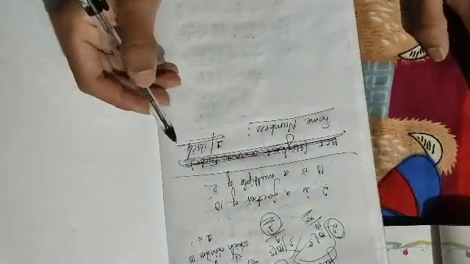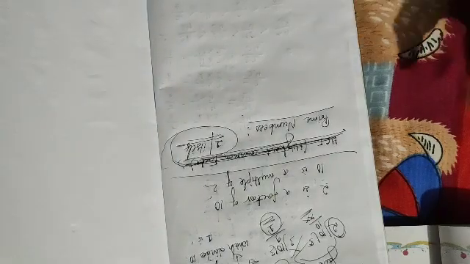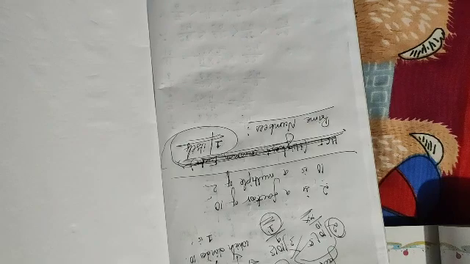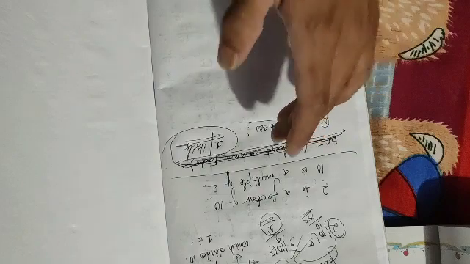So if you choose a number randomly, you can choose any number, it will have at least two factors, because 1 is a factor of any number, and it is also a factor of itself. Any number has a minimum of two factors.